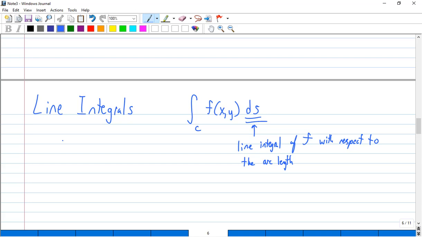Remember, lowercase s, even in trig, was arc length of a circle. We've had some equations in here where we've had a lowercase s and it was related to arc length.